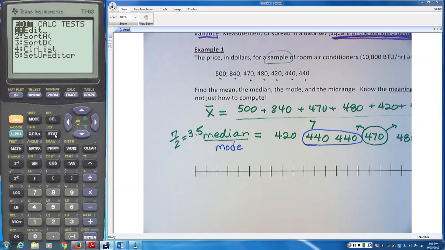We're going to go Stat, Edit. This time I'm going to clear them out. In fact, I'm going to clear all of them out. And if y'all try to do what I just did, be very careful, because when you put that cursor on top over L1 or L2, the key you want to tap is clear, not delete.